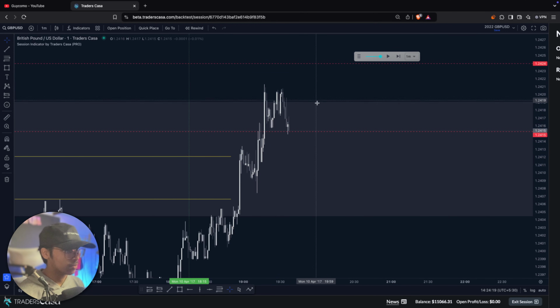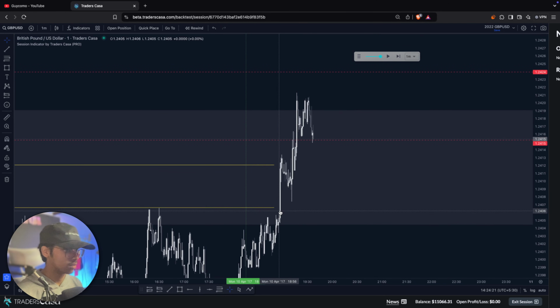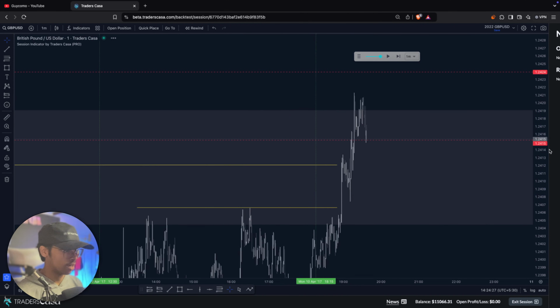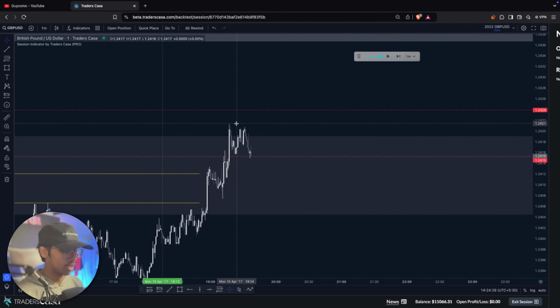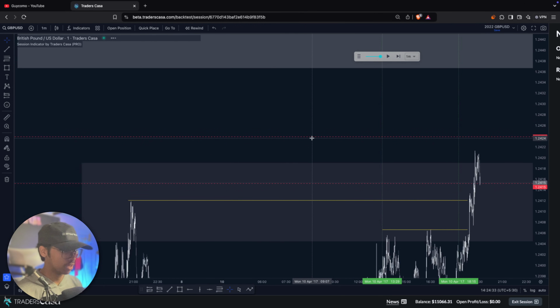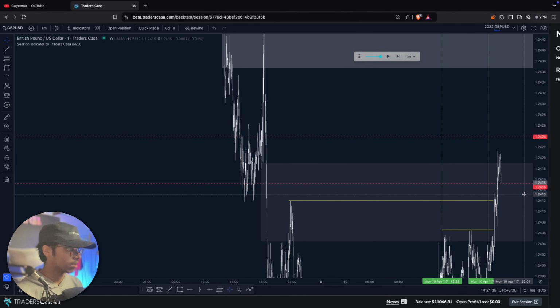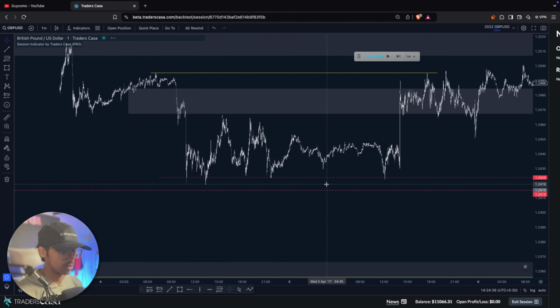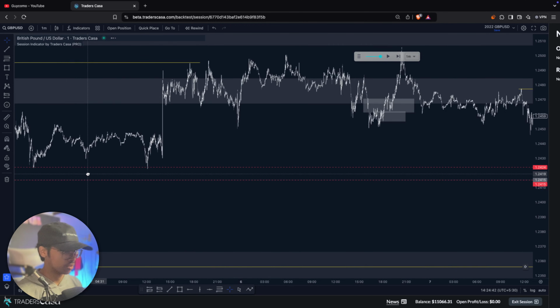How many pips? Nearly 10 pips, right? No, not 10 pips, so 13 or 14 pips it has run higher. And it has run through the daily, but there is a change in structural liquidity on the 1 hour time frame. You guys could see here, this is the point where the structural liquidity has changed.